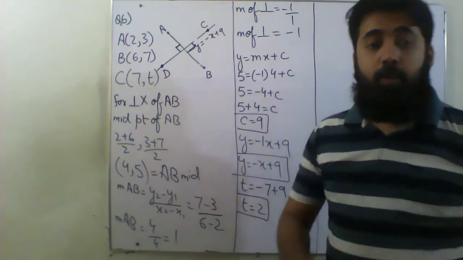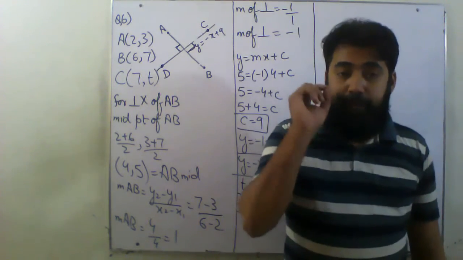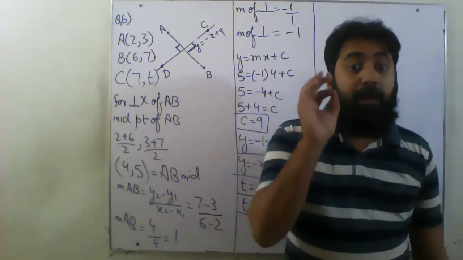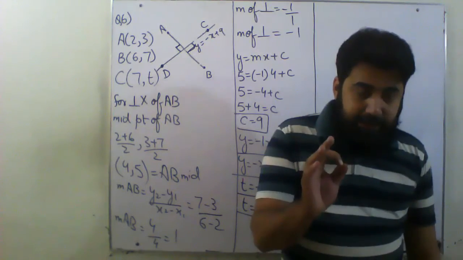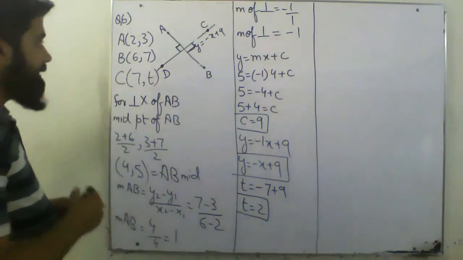So see beta, what I have told you is that the perpendicular bisector always passes through the midpoint.